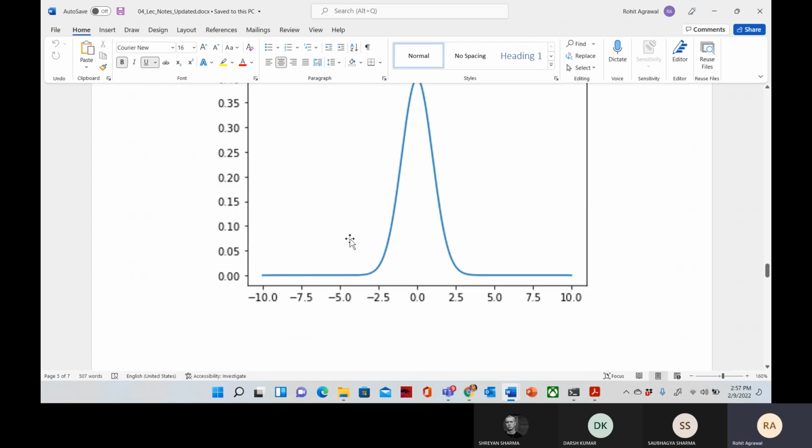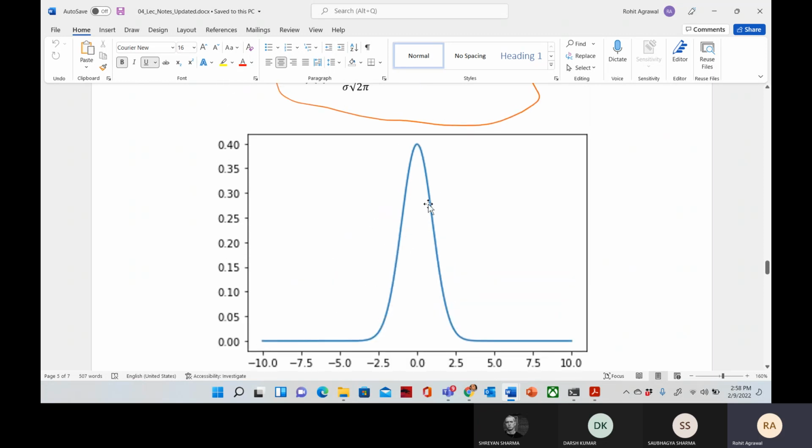How did I plot it? Using Python only. In the class I didn't show you the code, I showed you only the graph. From that code I took the graph and pasted it in my notes.